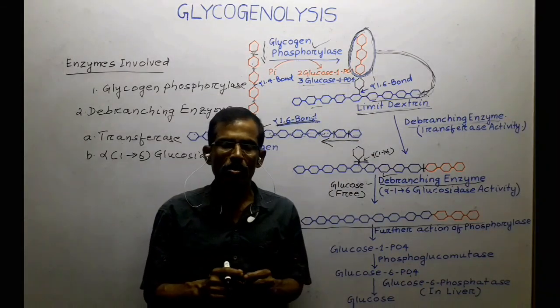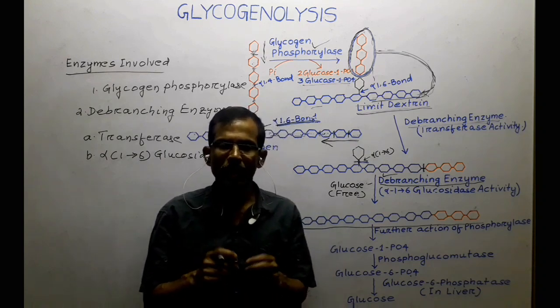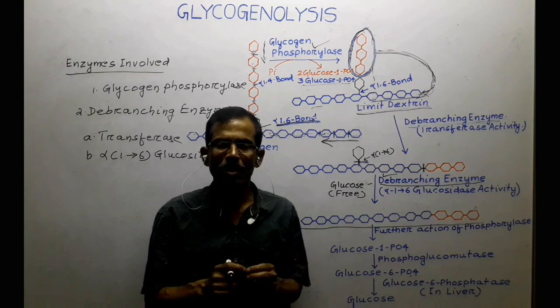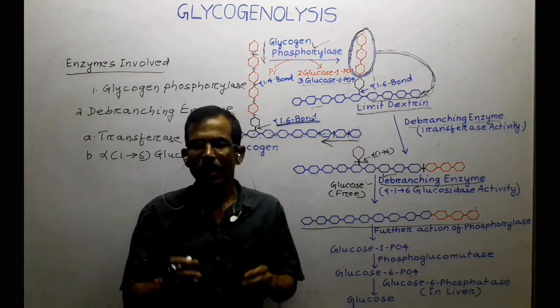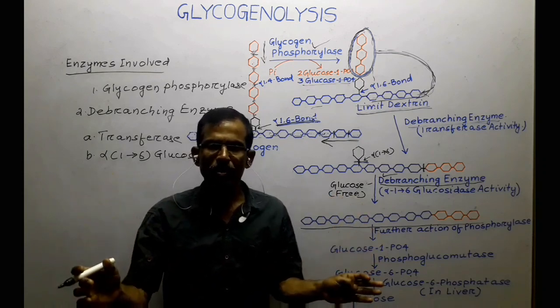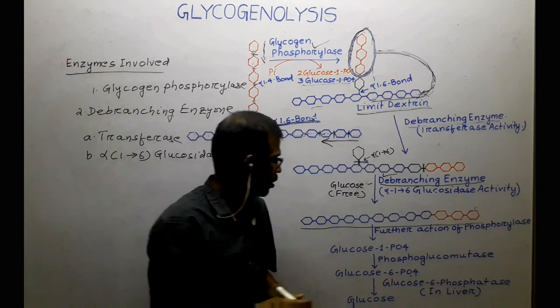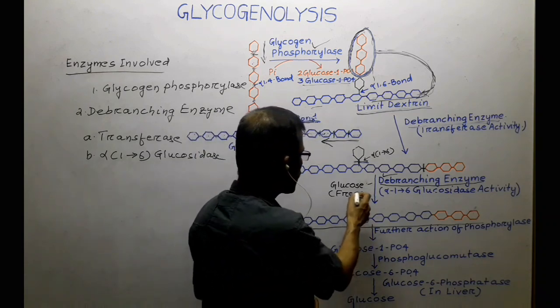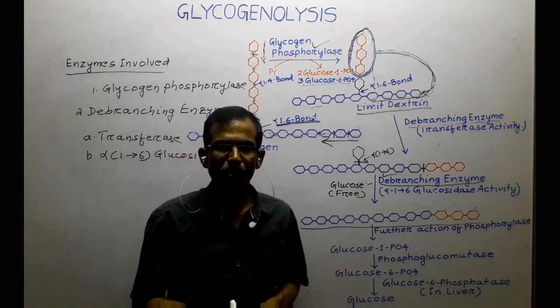So, in the process of glycogenolysis, by the combined action of glycogen phosphorylase and debranching enzyme, a large branched molecule such as glycogen is cleaved into glucose 1-phosphate and glucose in the ratio of 8:1.